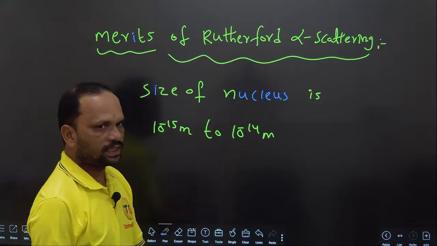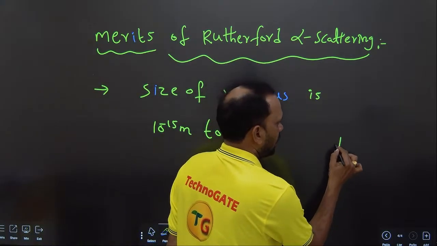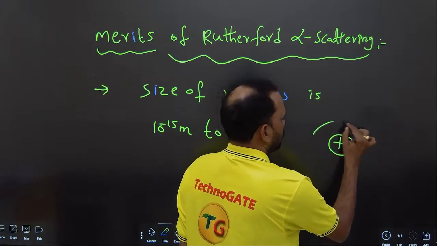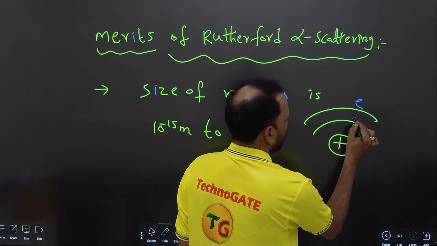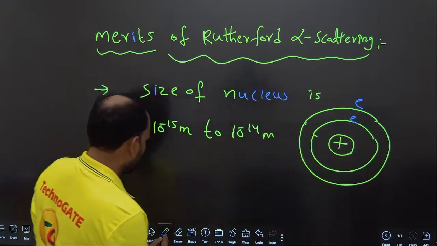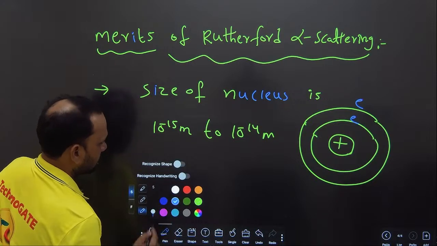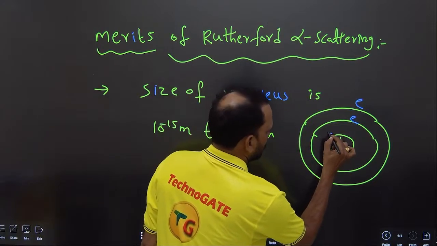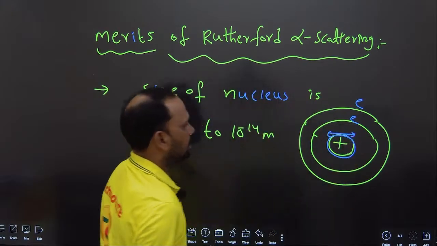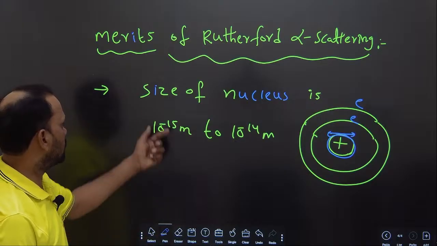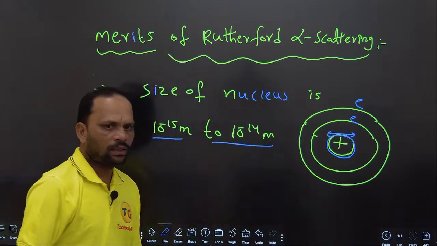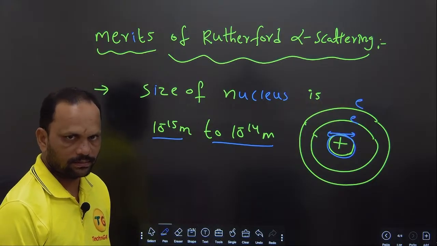If you take an atom, the nucleus occupies some volume, and around it electrons are rotating. He gave the size of the nucleus: 10 power minus 15 meters to 10 power minus 14 meters.